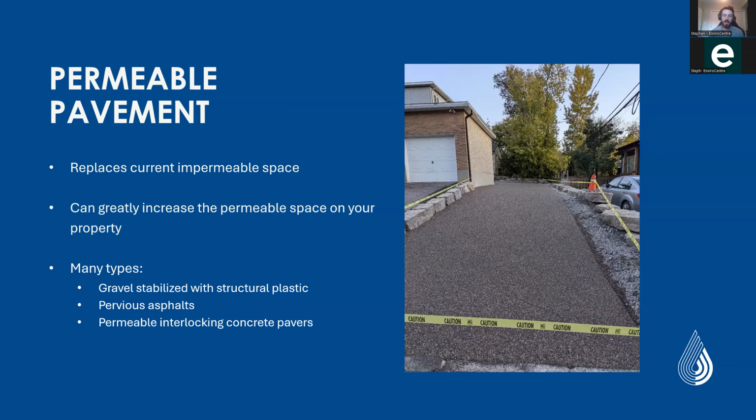And then, like I said earlier, permeable interlocking concrete pavers. Not all bricks and interlocking are permeable, but there are options out there that retain the permeability of the ground while still looking a lot like regular interlocking options.